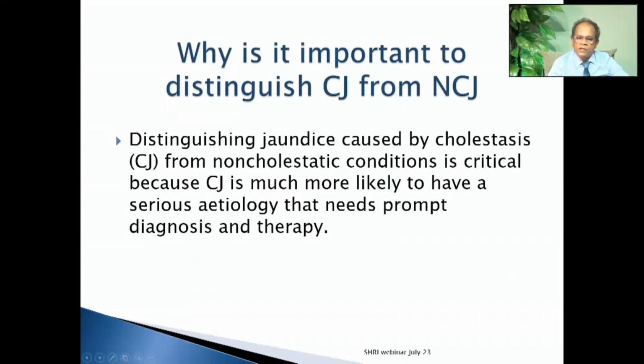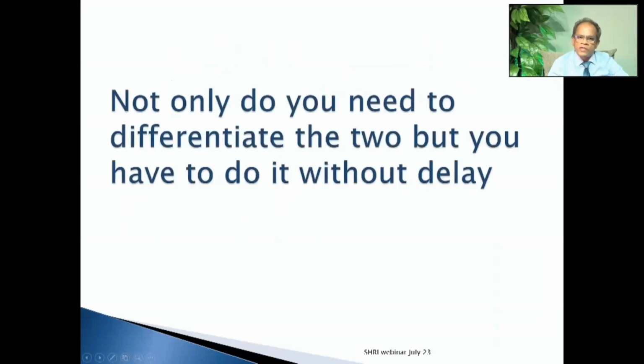So because of that, it is very important to differentiate, because non-cholestatic jaundice is commoner and is managed conservatively mostly, and very rarely needs intervention. If you miss the cholestatic jaundice amongst the large group of non-cholestatic jaundice, then there will be a delay in the diagnosis, with very grave consequences. So not only do you need to differentiate the two, but you need to do it without delay.